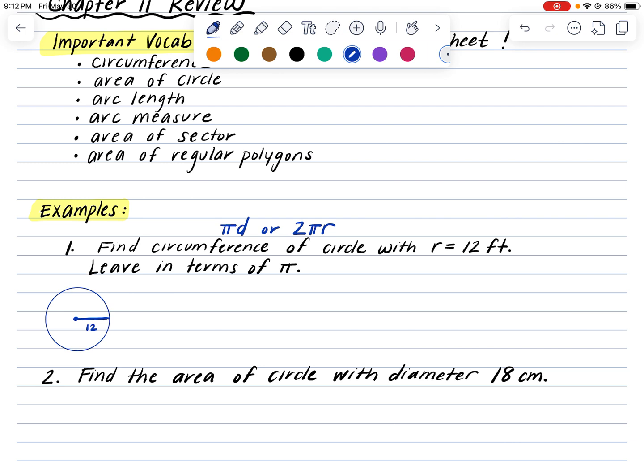Doesn't matter which one, but because I'm given the radius, I'm going to use 2 pi r. So the circumference is equal to 2 pi times 12. And it wants my answer in terms of pi, so I'm just going to write 24 pi feet. Circumference is just a distance, so it's feet. That would be my answer.